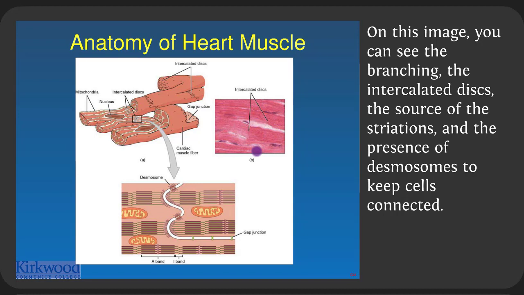On this image, you can see the branching, the intercalated discs. You can kind of see the striations and the presence of desmosomes. Desmosomes are these little things here. They're right here in pinkish, I suppose, that hold the cells together at the intercalated discs.